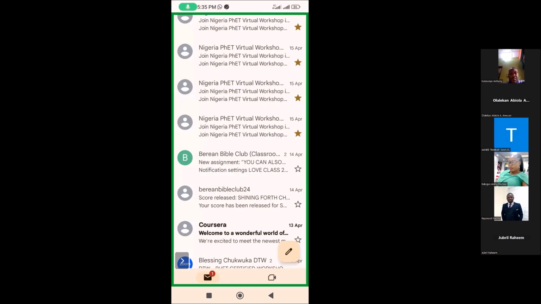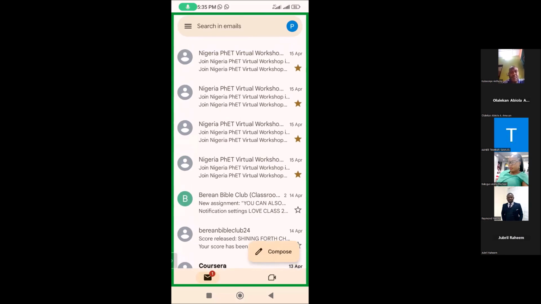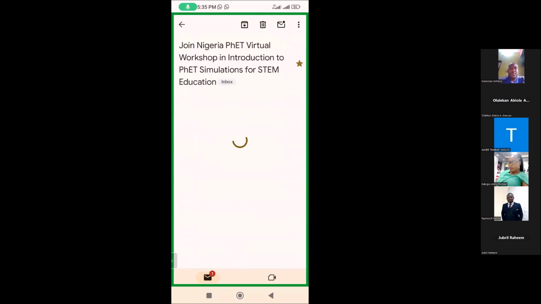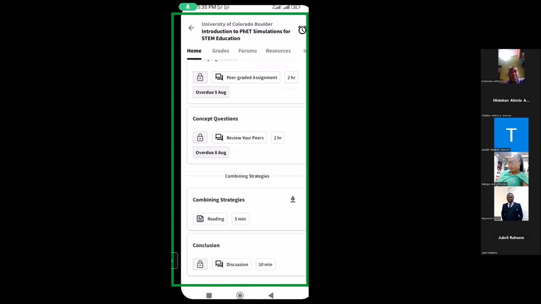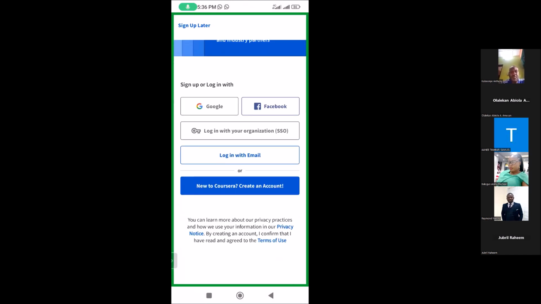Okay. So this is the email I got for the courses. When I click on it, it says join group. But when I click on the group, you see what's going on. It almost went into your dashboard. So click on log in with email.